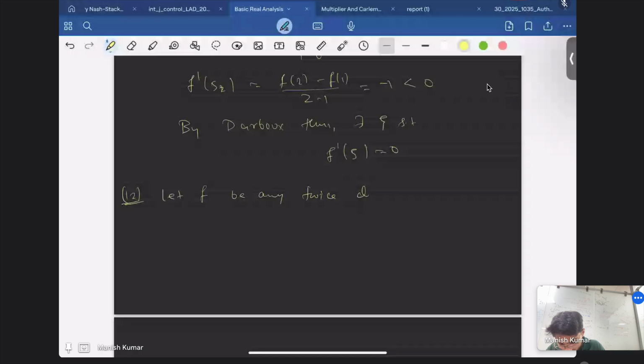Prove that there exists zeta in (a, b) such that f double prime at zeta is strictly greater than 0.